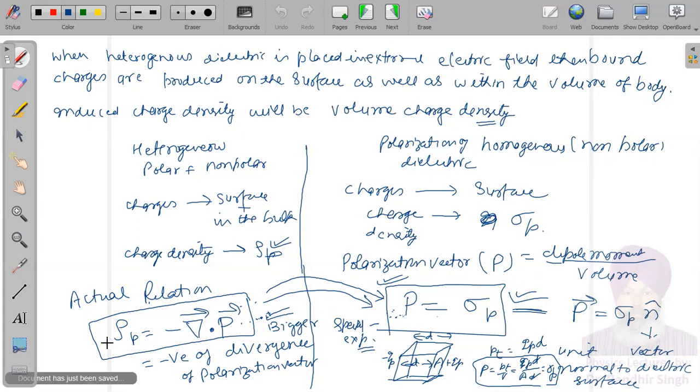Now you can see this rho p is given by this expression. This rho p is equal to the negative of the divergence of polarization.